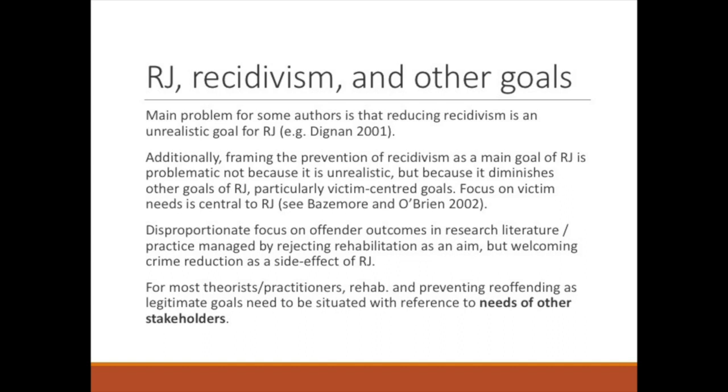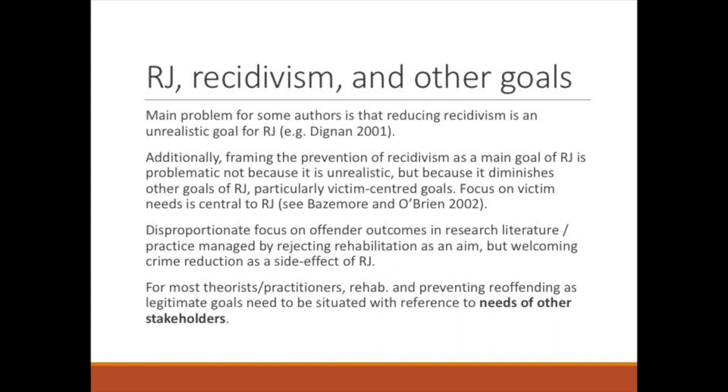Another issue with reducing recidivism is that framing crime prevention as a main goal of restorative justice is problematic not just because it is unrealistic, but because it diminishes the other goals of restorative justice, particularly the victim-centered goals.